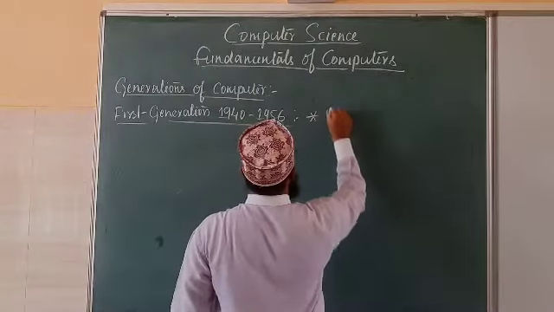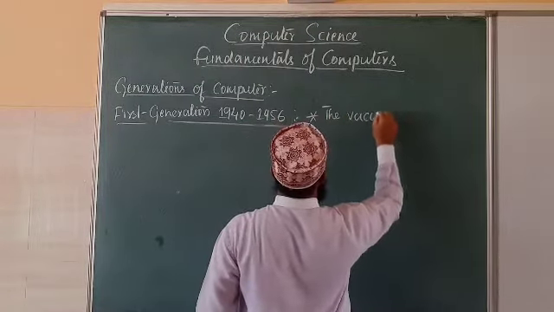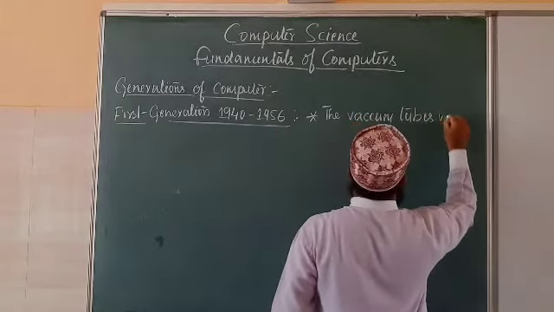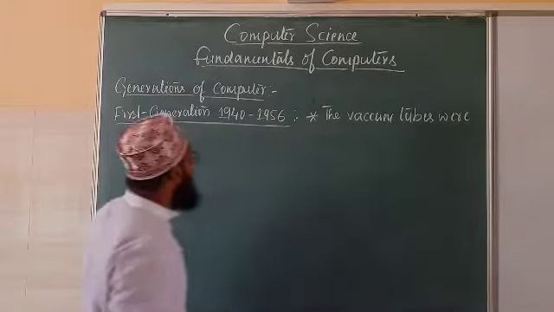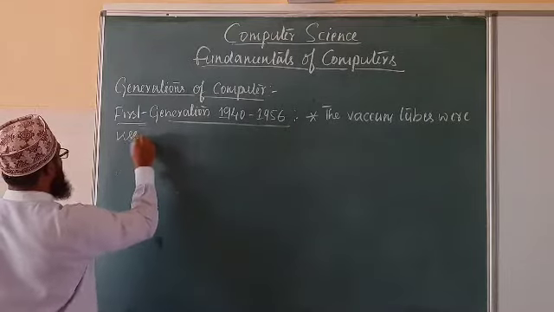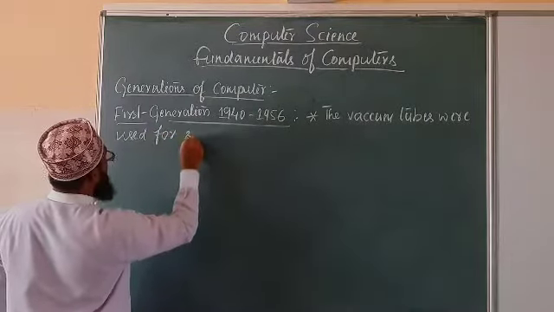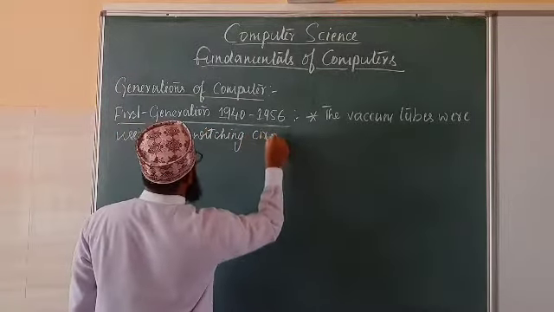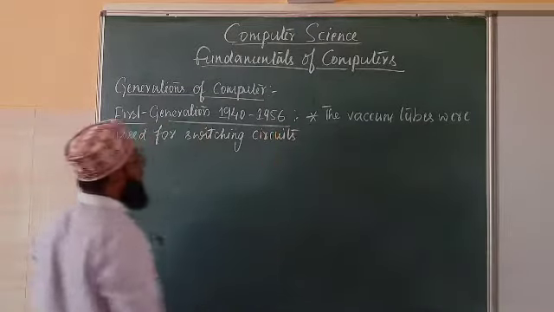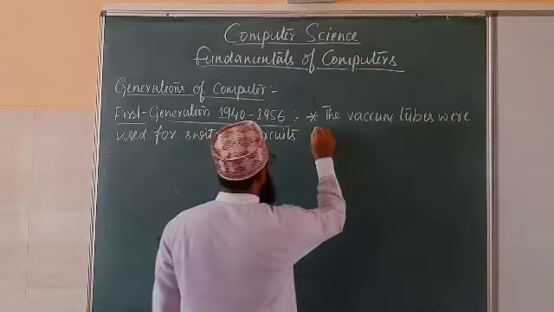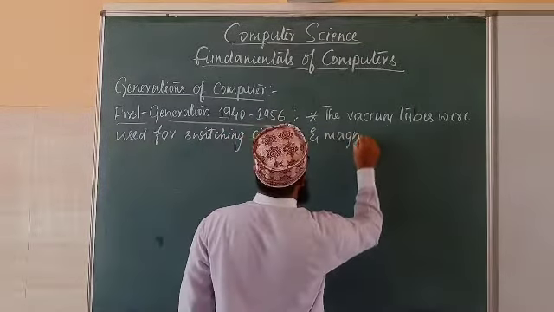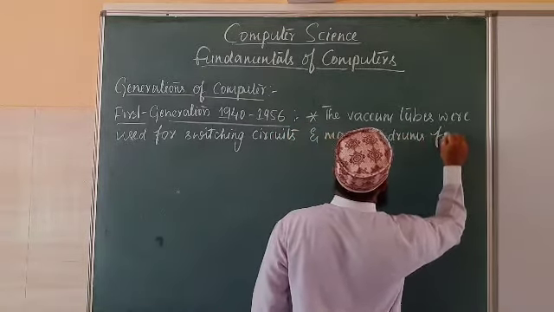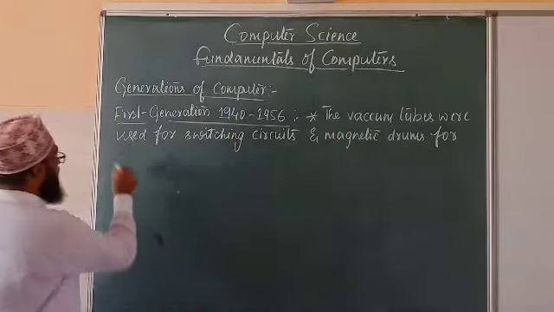In this generation the vacuum tubes were used for switching circuits, and magnetic drums for storage or memory.